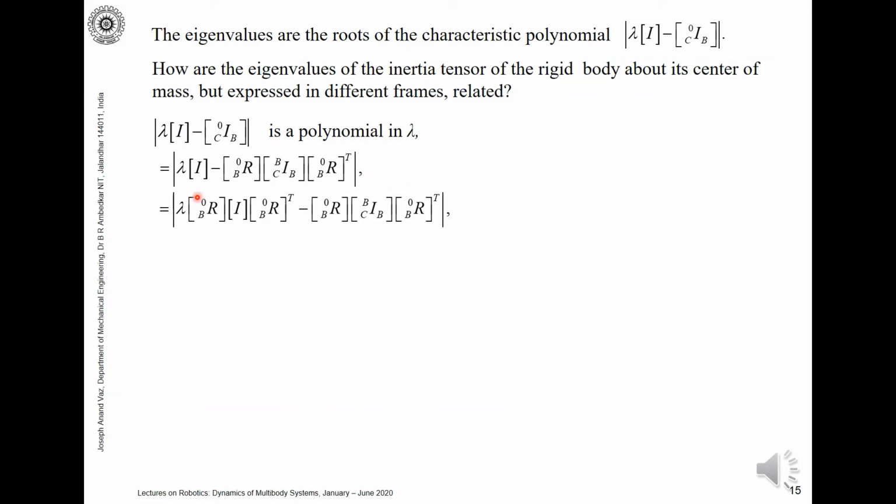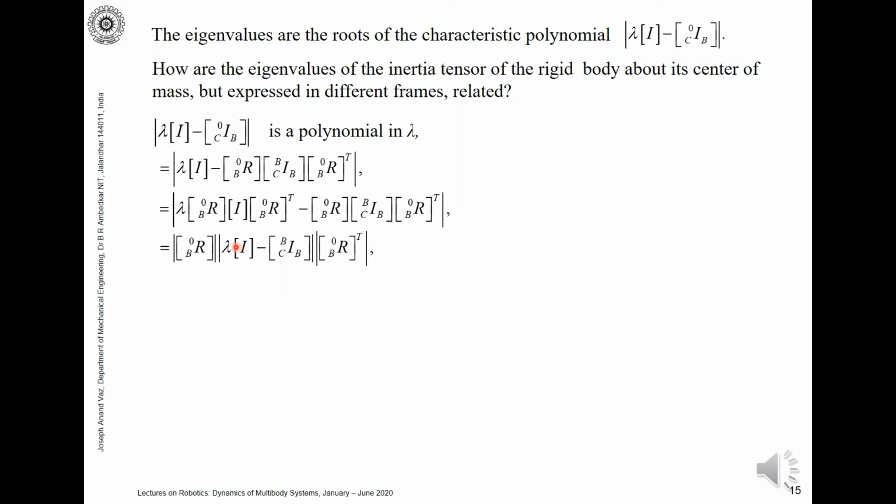We can write this unit matrix as R_B^0 I R_B^0 transpose, minus this part, which is exactly the same over here.